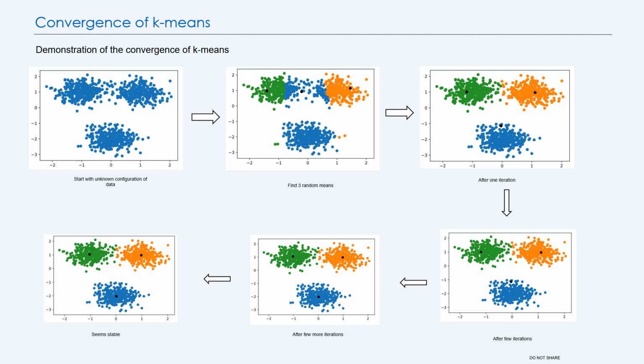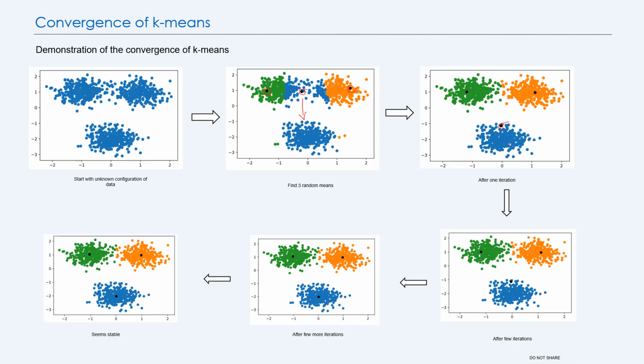Now here's another example of a data set that clearly has 3 clusters, but we have to find the cluster means. So the way we start is that we randomly pick 3 points from the data set, and then we start to iterate. You will notice that in the next iteration, this middle point has moved down, coming down here.